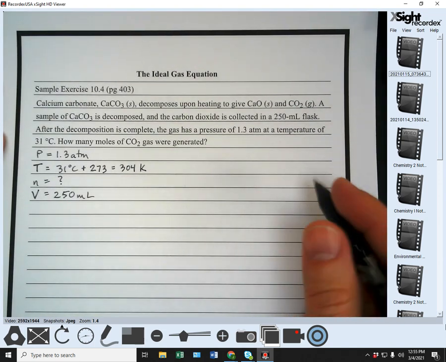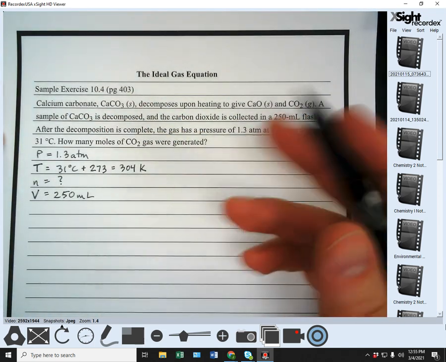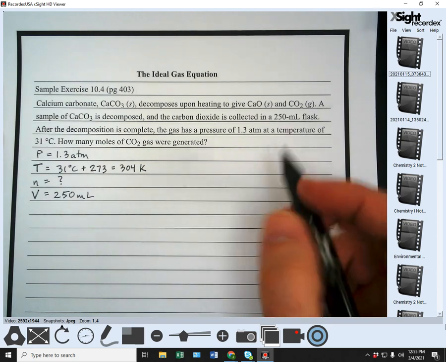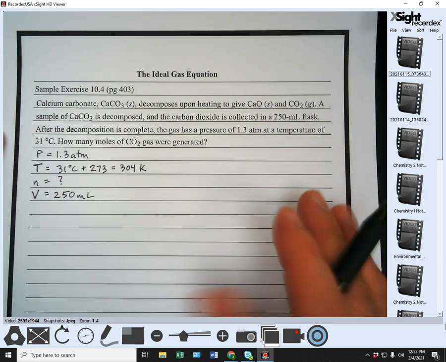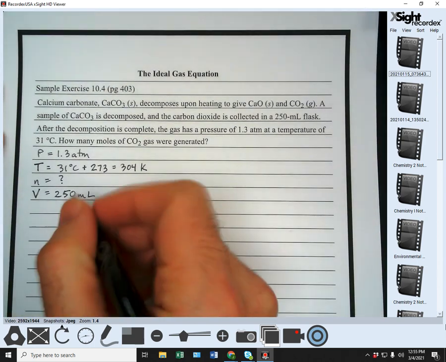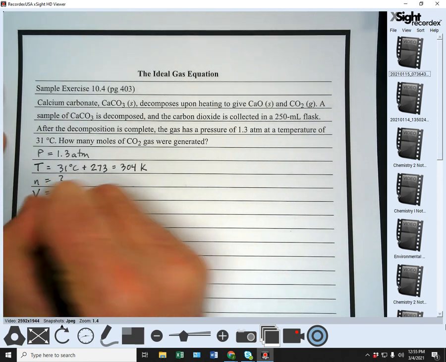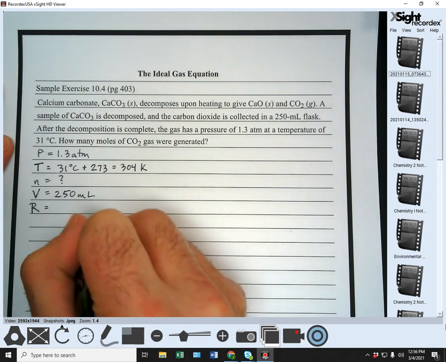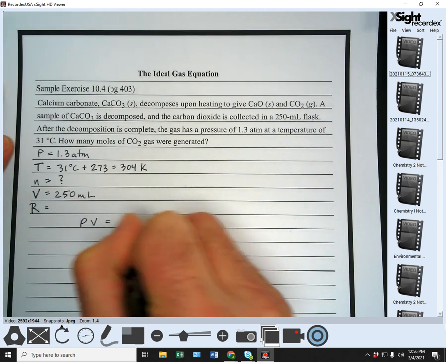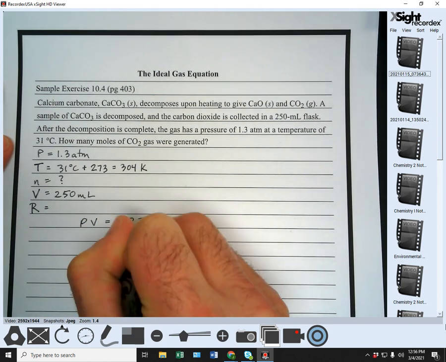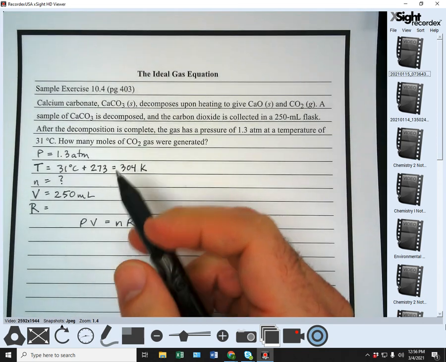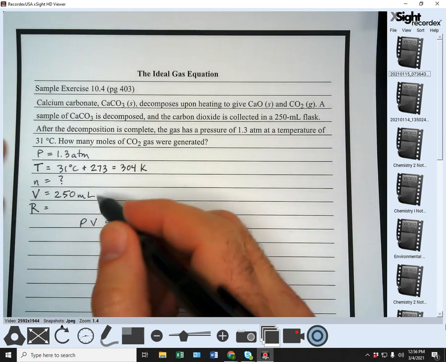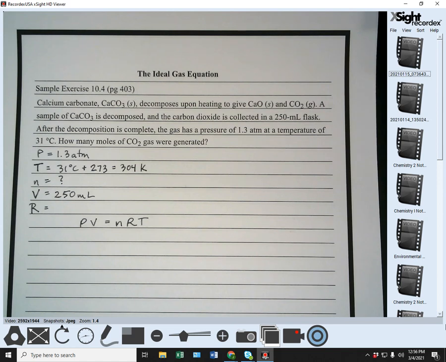So if we look at the information we have here, we're doing PV equals nRT, right? Now, if we look at our labels and at that conversion sheet, let me grab it real quick here.